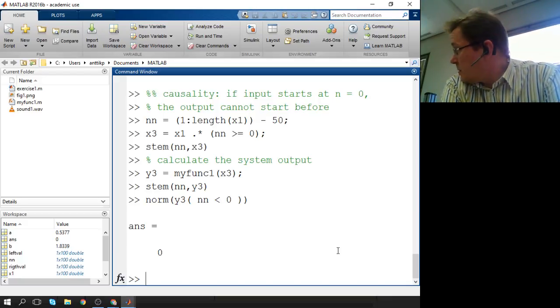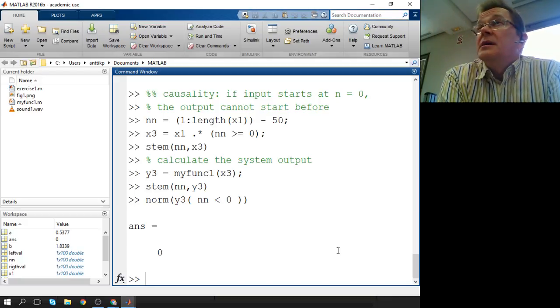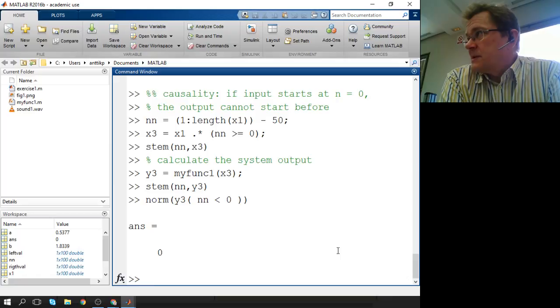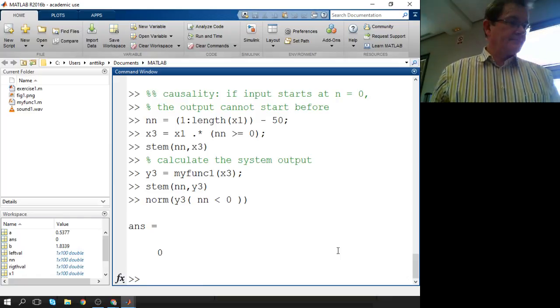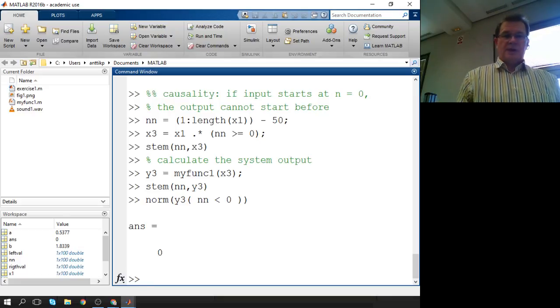And the same warning about this one, if you have big calculations on your system, it might still give you machine epsilon there instead of 0. Okay, so that was causality.